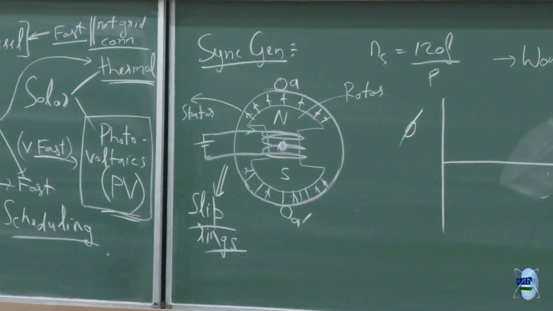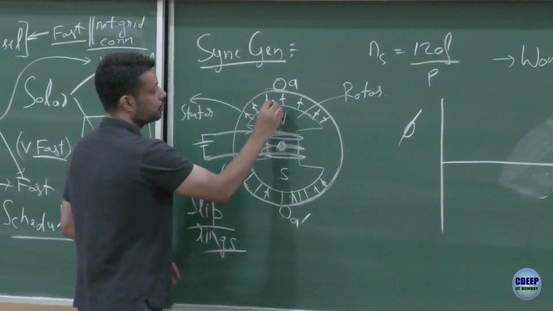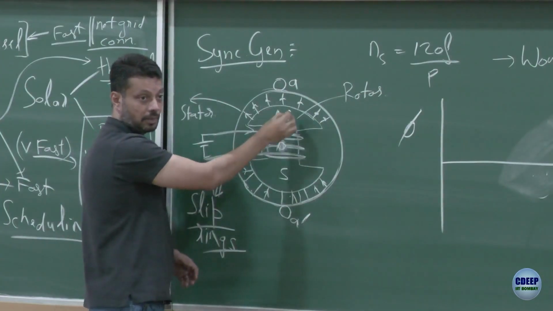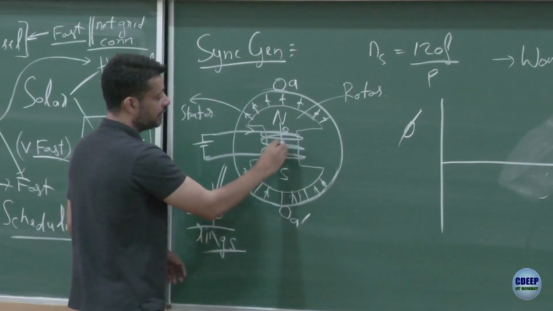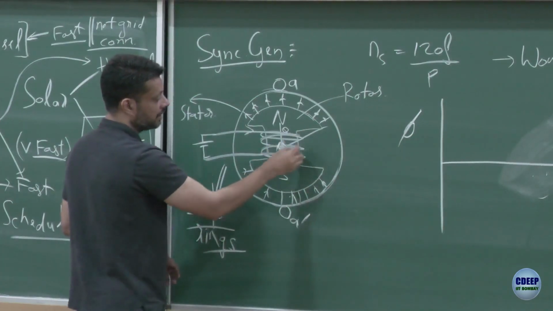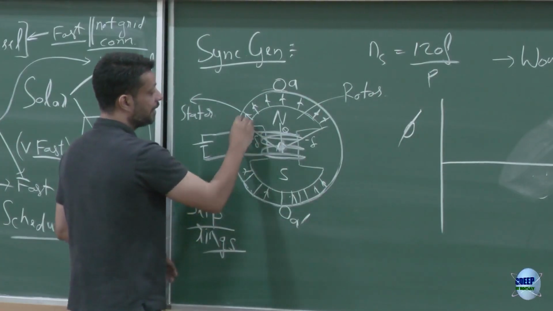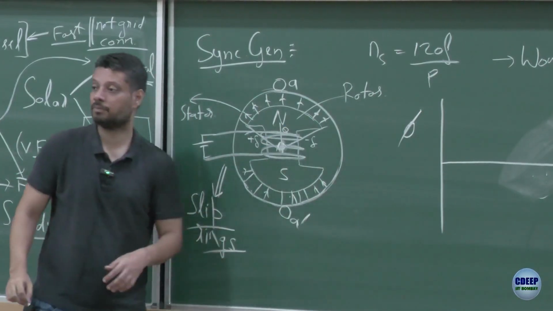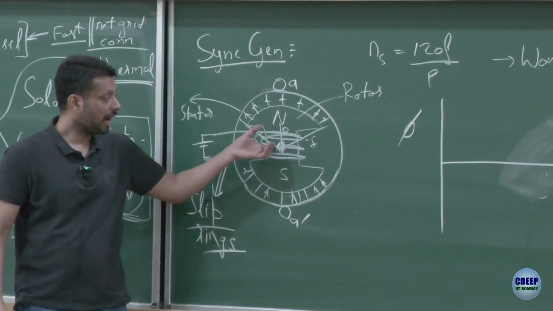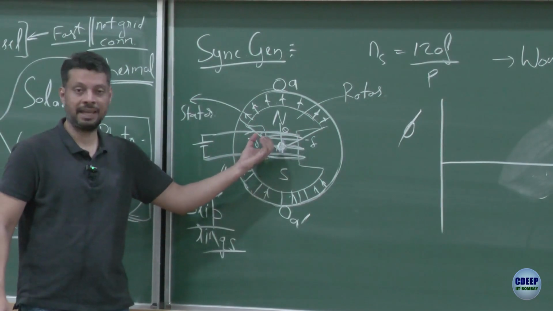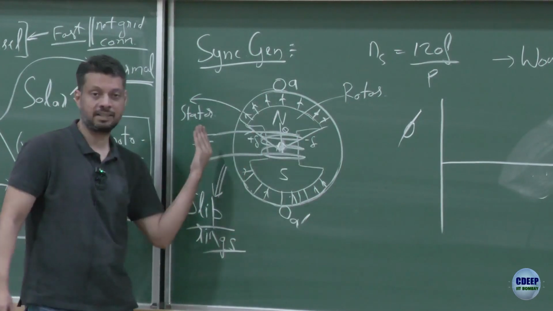Should I repeat? Right? The flux throughout this region is the same. So if I define this as theta equals 0, you can see that from minus delta to plus delta, the air gap flux is the same, and therefore if I now rotate it by 1 degree, you will have certain flux linking this turn.